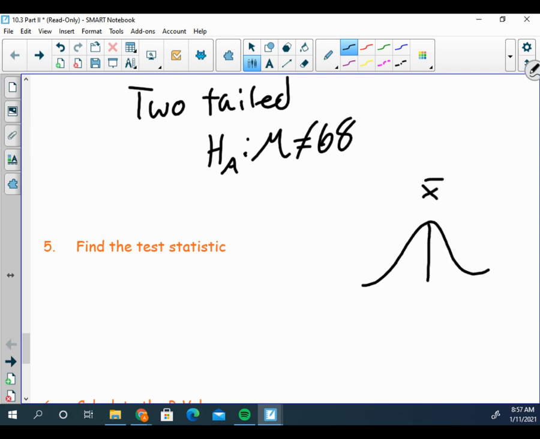So if I look at the distribution of sample means, of which my assumed population mean is in the middle, what we're going to look at is where does my test statistic fall? I assume since my sample mean is 65, it's going to be somewhere in the left half. But I don't know specifically.